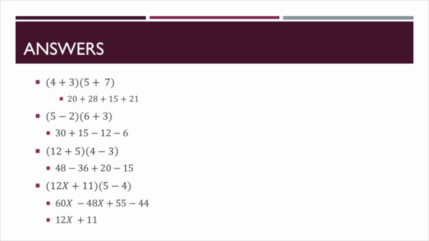Now let's take our last one, 12x plus 11 times 5 minus 4. Now 12x times 5 is 60x, and 12x times negative 4 is negative 48x. So we have 60x minus 48x. Then we have 11 times 5 is 55, and 11 times negative 4 is negative 44. So we have 12x plus 11.